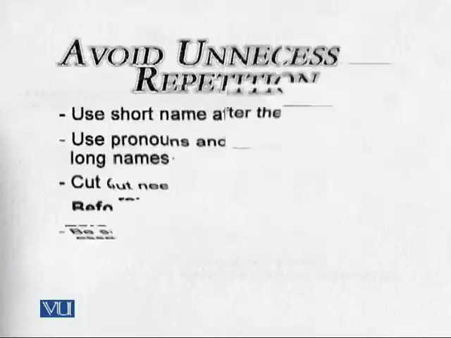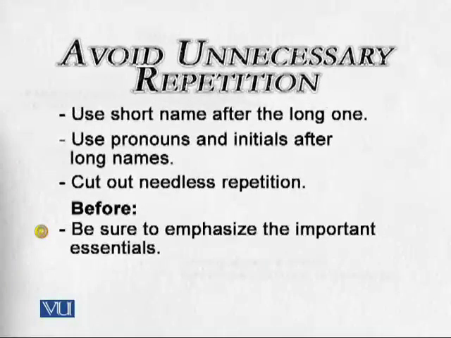Now, I'm going to give you, once again, some examples. Take a look at them and see how we can make our sentences concise. First sentence. Be sure to emphasize the important essentials. Be sure to emphasize the important essentials. Now, this sentence is redundant.